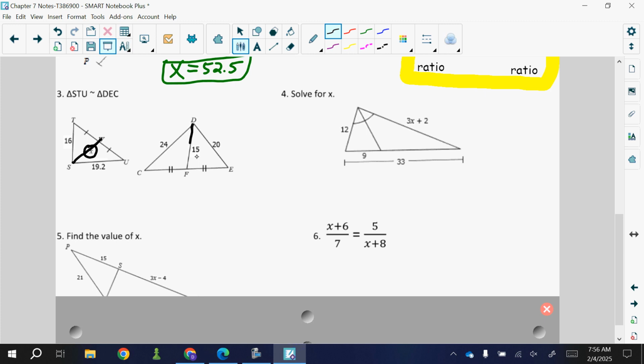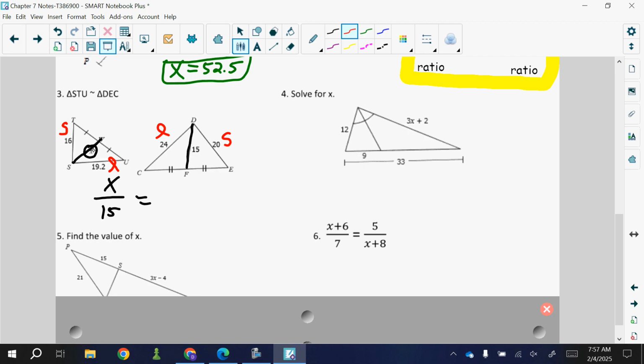Let's do X over 15, these are corresponding sides, equals, and then for your other scale factor, remember they have to be corresponding sides. You can look at your triangle similarity statement to get that, or we can note that this is my smaller number, this is my larger number, this is my smaller number, this is my larger number. The smaller numbers are corresponding sides, and the larger numbers are corresponding sides. So let's do small over small.